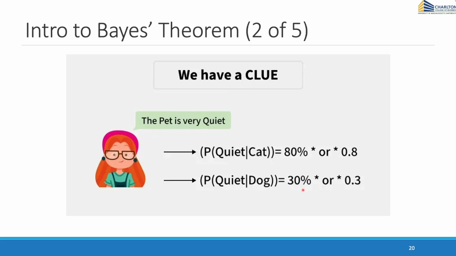So can you now guess what is in the box? Most of you probably guess it's a cat. But again, you're not 100% sure because there is still a chance that the pet is a quiet dog, right? But you can talk about the probabilities.